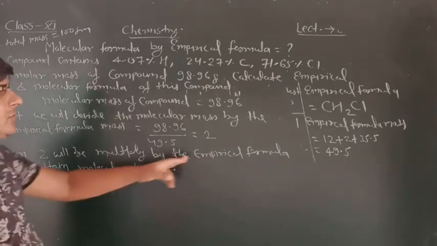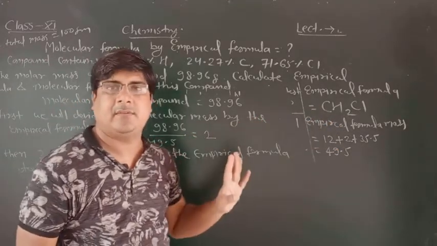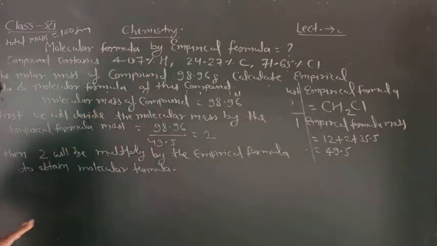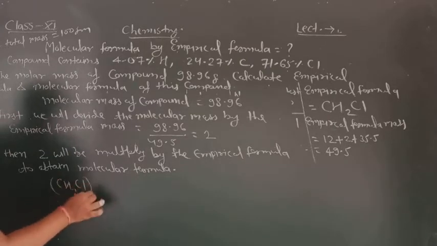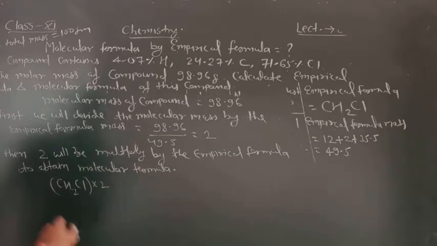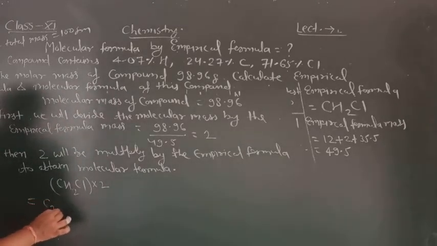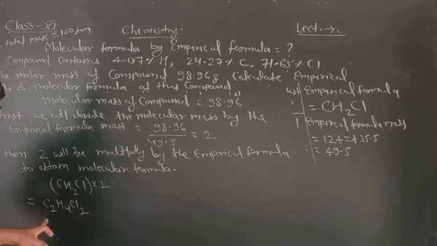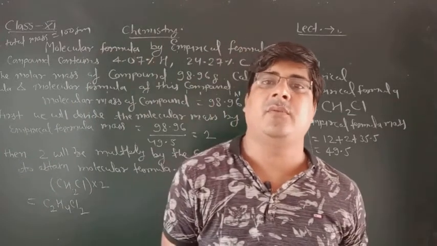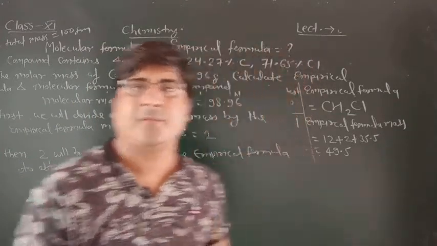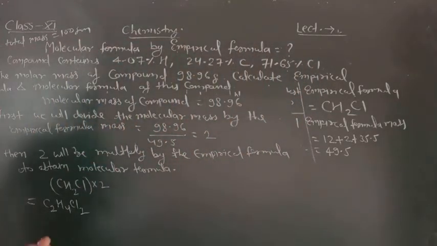So multiply 2 by CH2Cl. CH2Cl will be multiplied by 2. Then what will you obtain? C2H4Cl2. This is the molecular formula.